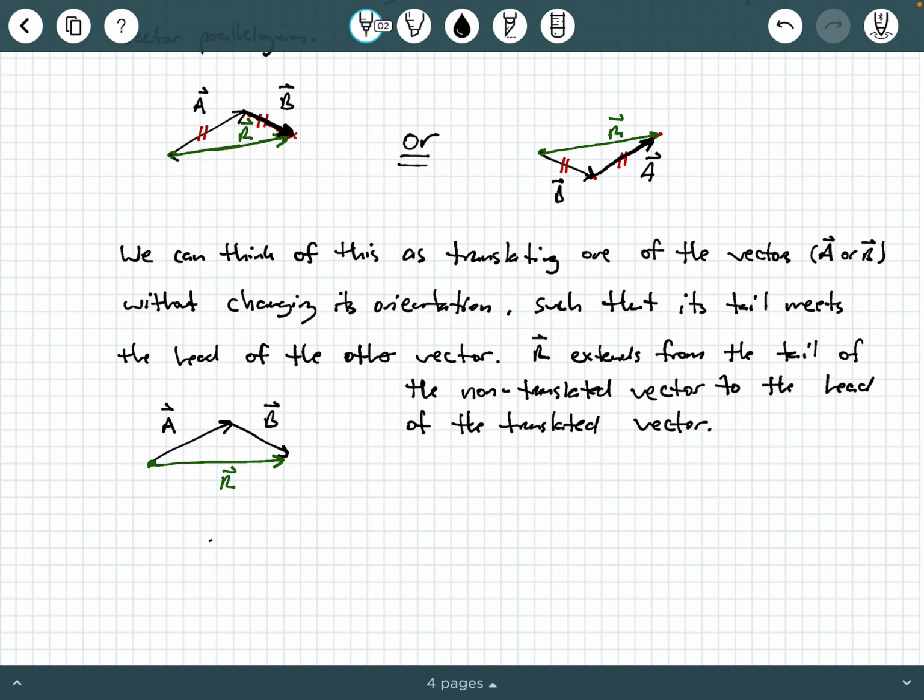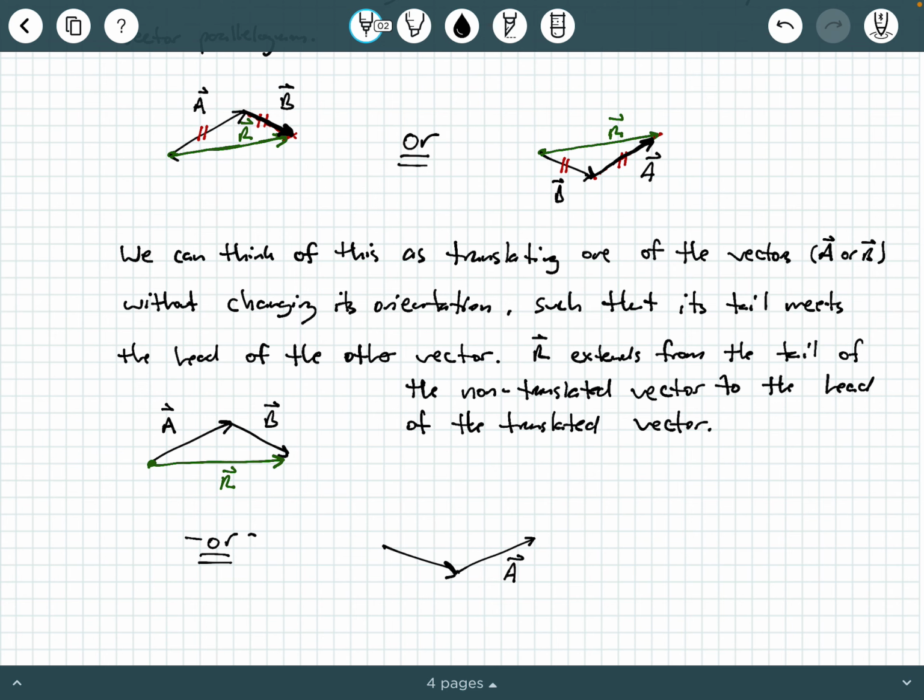I could say this, or I've got A here. Let me draw it a little bit better for us. I'm sorry, not A. I've got B here. That's where B was. And I translate A somehow. How do I translate A? Like this. Okay.